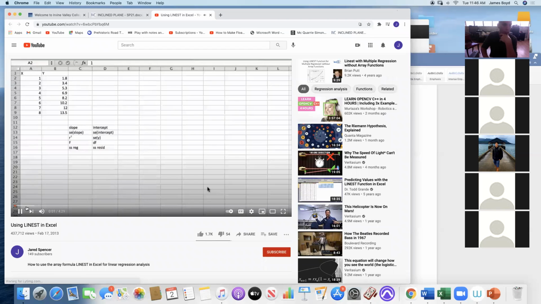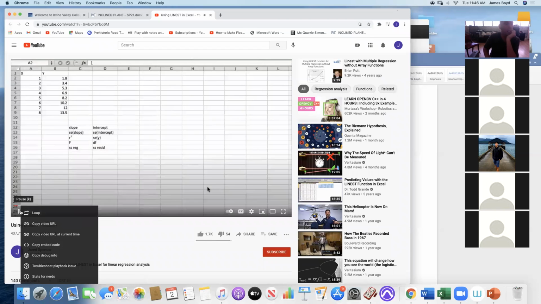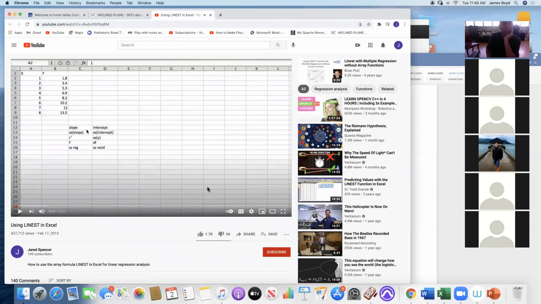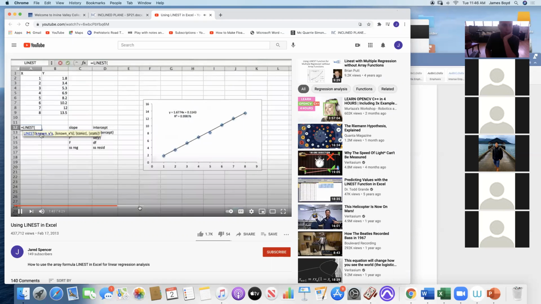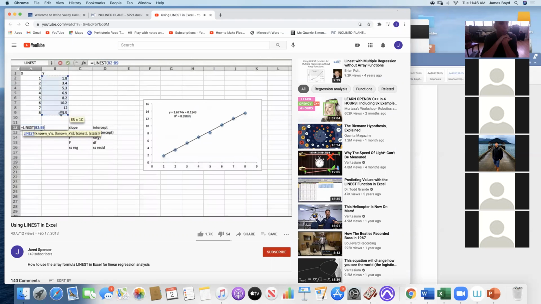Today I'm going to show you how to do some quick and easy linear regression analysis. This is what it's going to give you, and we'll get there. With Excel, the first thing I'm going to do is add the LINEST function and the things that have to go into this function. The first thing is the Y values. So I'm simply going to select those and hit a comma to move to the next thing, which are the X values. This third thing is the constant.